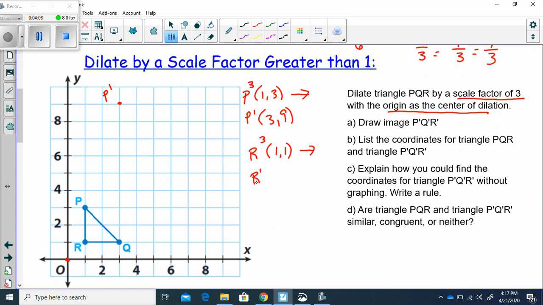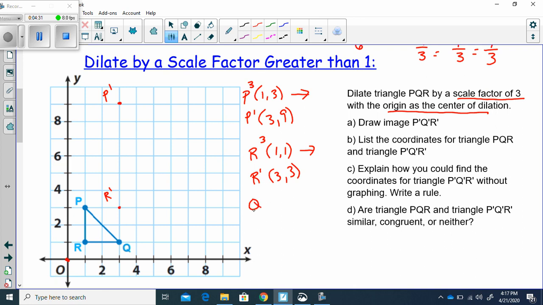If you start at R, this is your pre-image point. This is your image point. 3 times 1 is 3. 3 times 1 is 3. So R prime is going to be at 3, 3. So let's find 3, 3. 1, 2, 3. 1, 2, 3. Here is R prime.